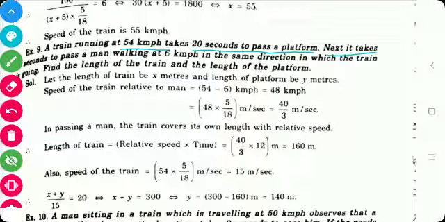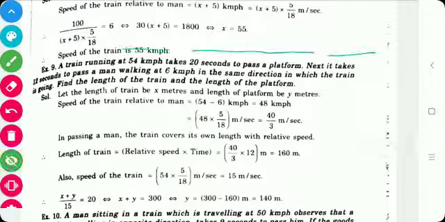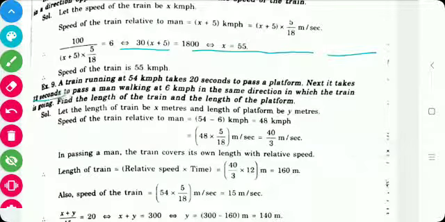Next it takes 12 seconds to pass a man walking at 6 km per hour in the same direction in which the train is going. So find the length of the train and the length of the platform.